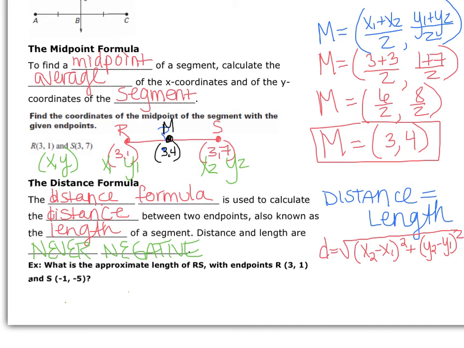There is a lot of room for error when you use this formula, so you have to be really, really, really careful when you are doing this formula, because if you're not careful, then you're going to make some kind of silly mistakes somewhere, and we just don't want you to do that.